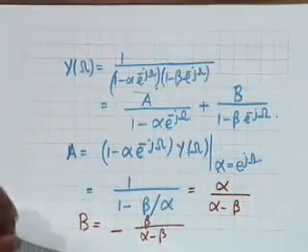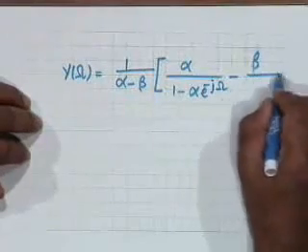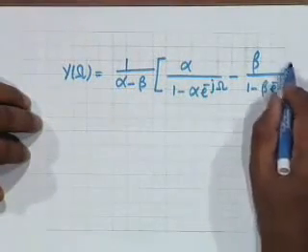Okay. So we go back to the original equation. Y of omega is equal to 1 by alpha minus beta, then you get alpha divided by 1 minus alpha e to the minus j omega minus beta divided by 1 minus beta e to the minus j omega.